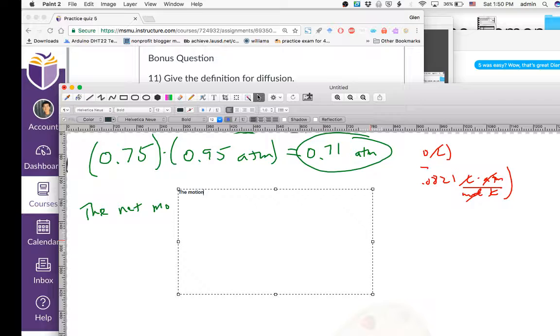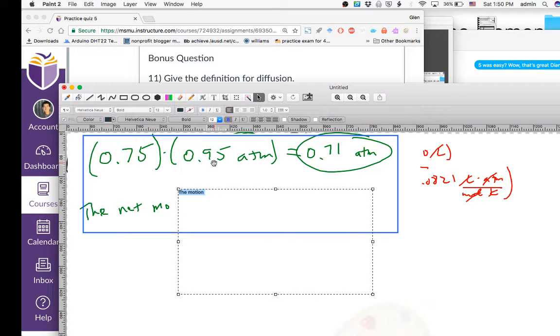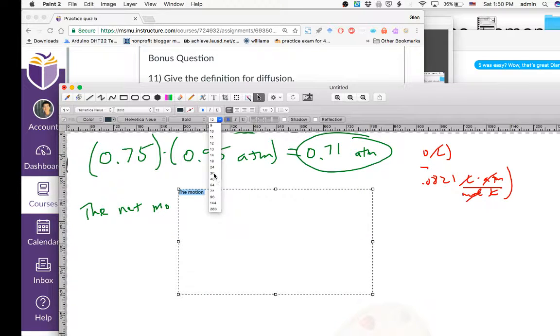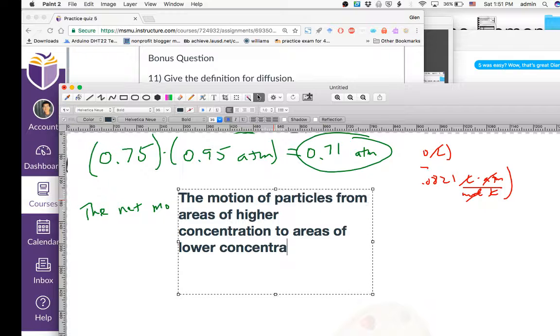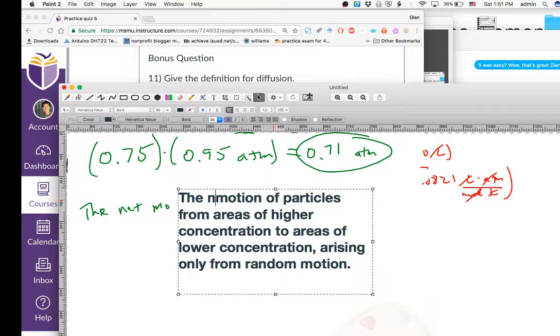It is the motion, or the net motion, of particles from areas of higher concentration to areas of lower concentration, arising only from random motion.